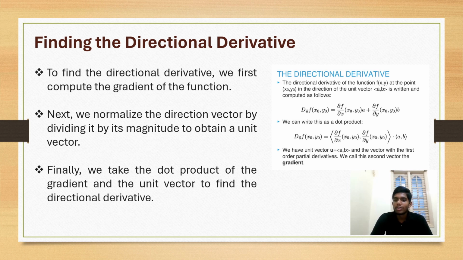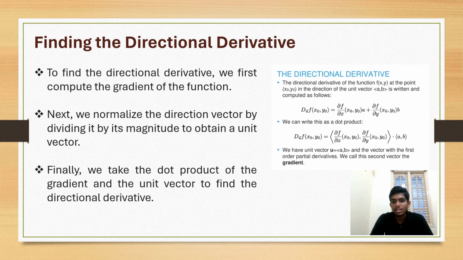The directional derivative of the function f of x, y at a point (x0, y0) in the direction of the unit vector (a, b) is written and computed as follows: D_u f(x0, y0) = ∂f/∂x(x0, y0)·a + ∂f/∂y(x0, y0)·b.